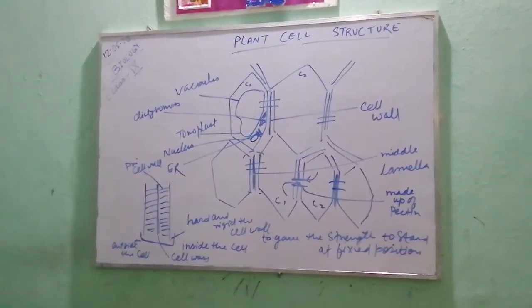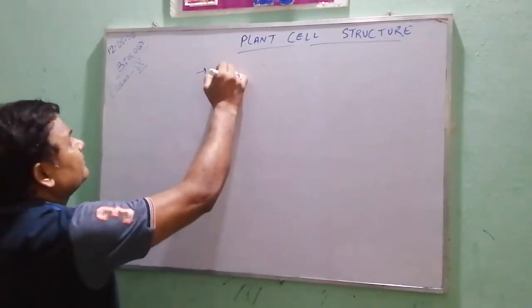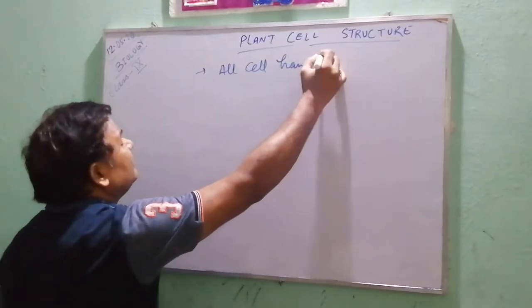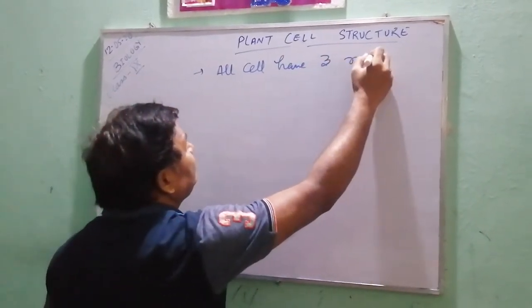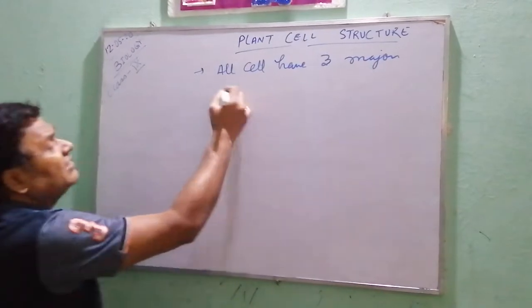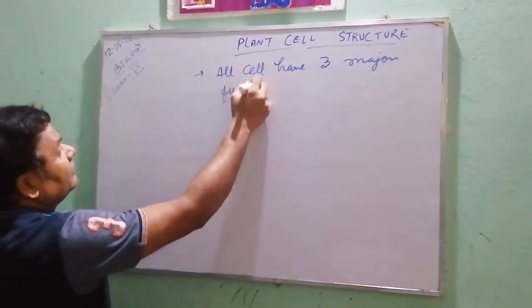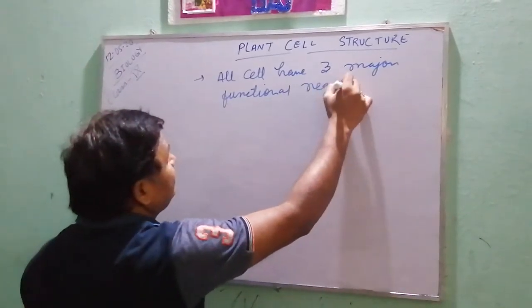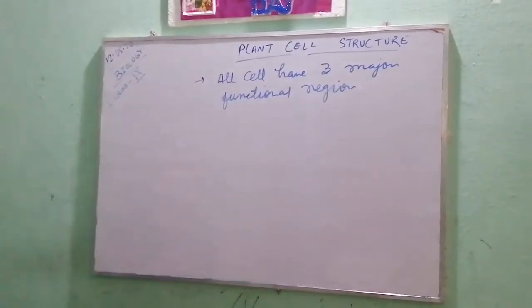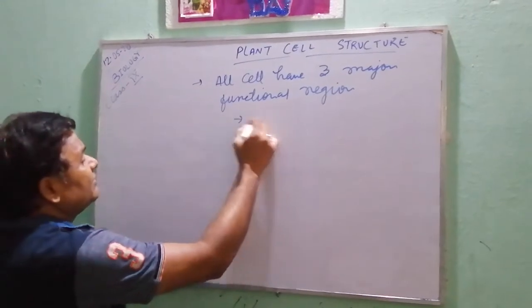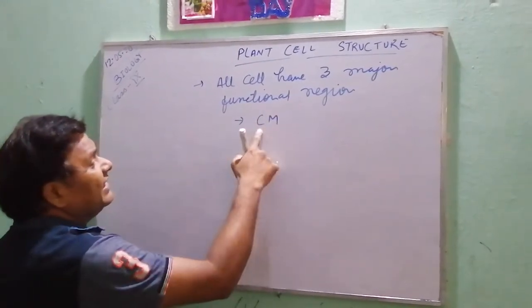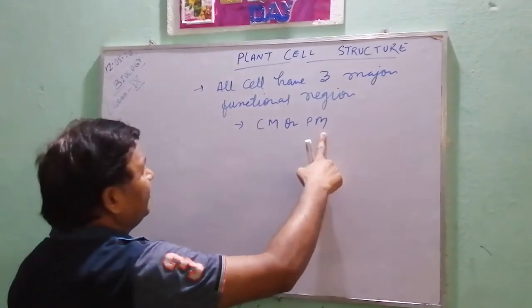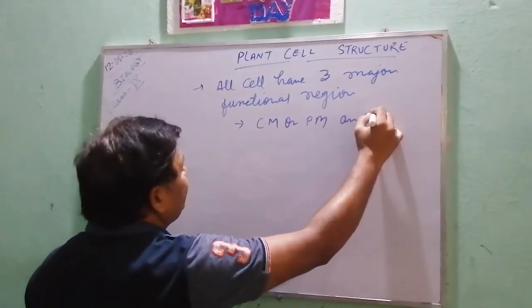Note down, all cells have three major functional regions. The first is the CM, cell membrane, or PM, plasma membrane, and cell wall.